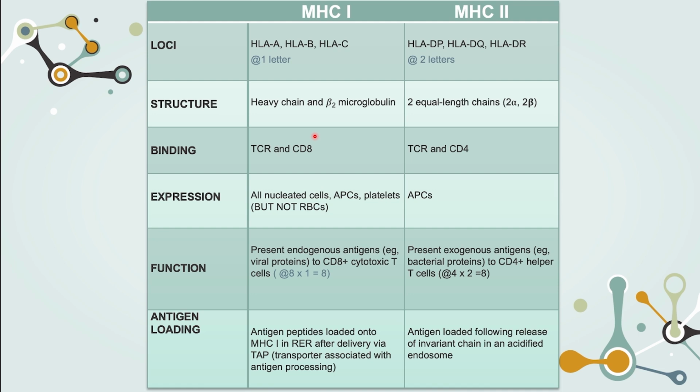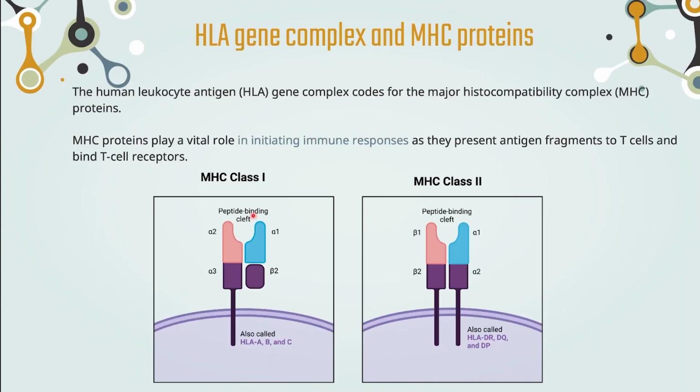Let's look at their structure one more time. This is the long or heavy chain, which contains alpha 1, alpha 2, and alpha 3, and it contains a beta 2 microglobulin. MHC class 2 has two components, alpha and beta: alpha 1, alpha 2, beta 1, and beta 2. So this is MHC class 2, and this is MHC class 1.